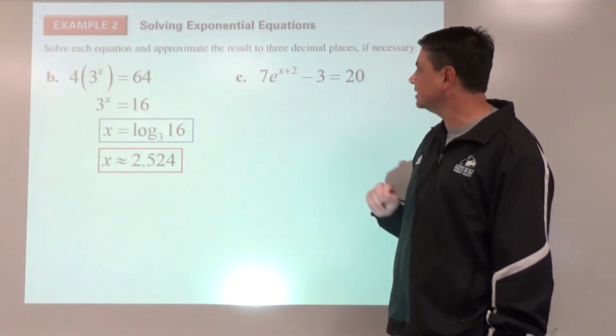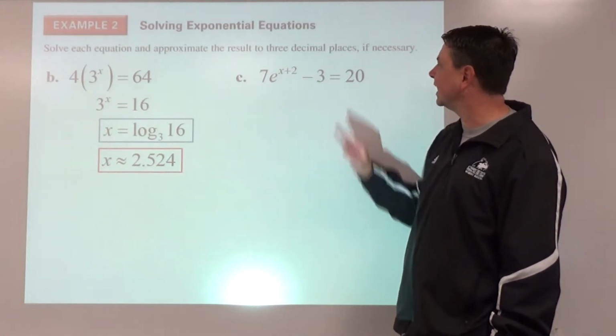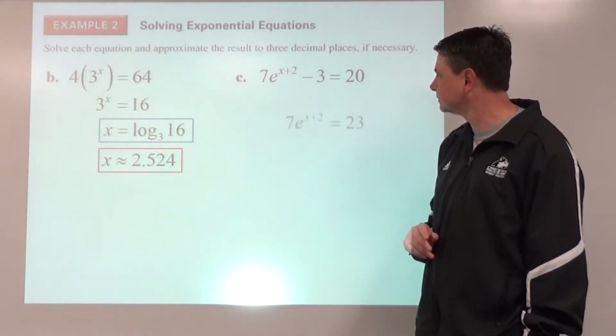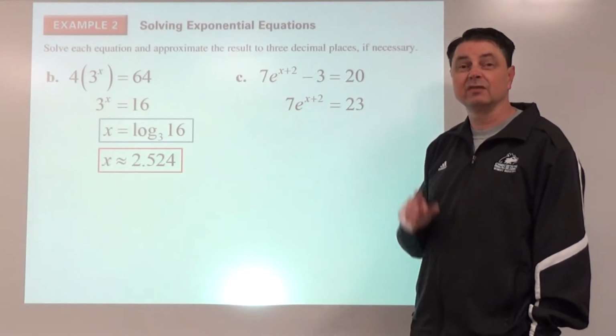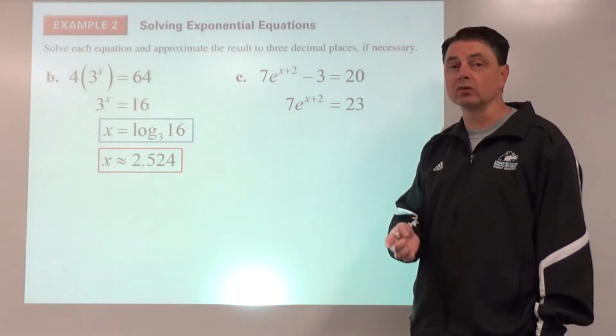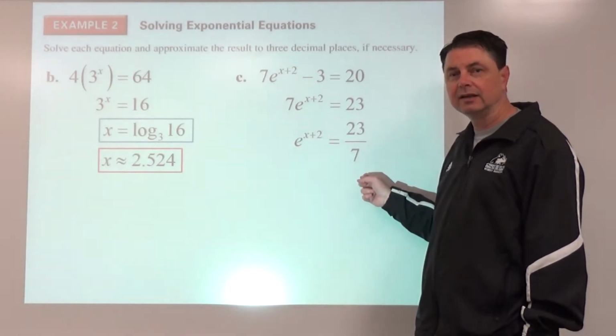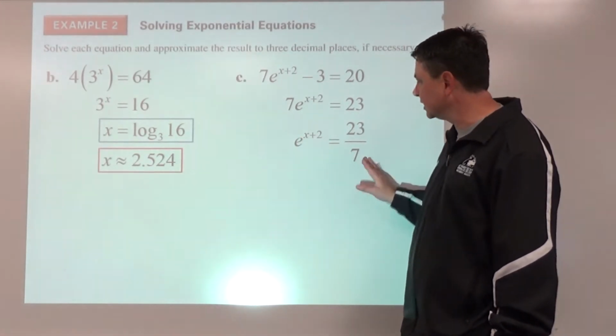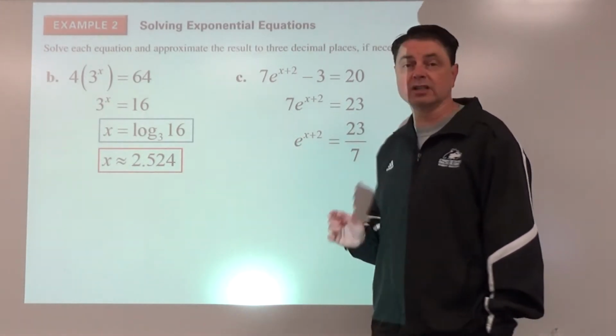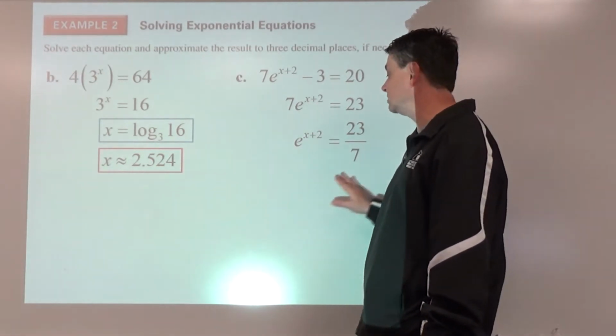All right, part C, let's do something similar. Let's add 3 to both sides. Let's divide by 7, but not round that. Leave it exact. And then if we're going to rewrite this from exponential form into log form, we would move the base. The base is e.